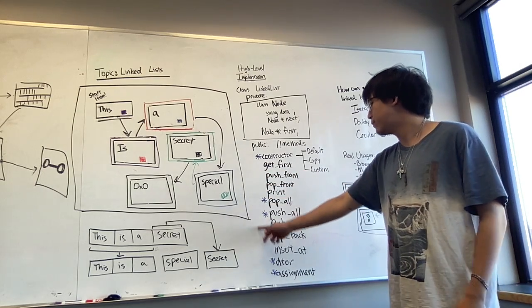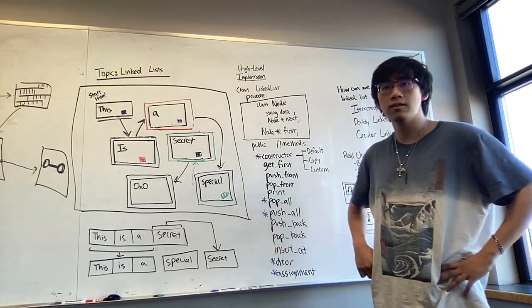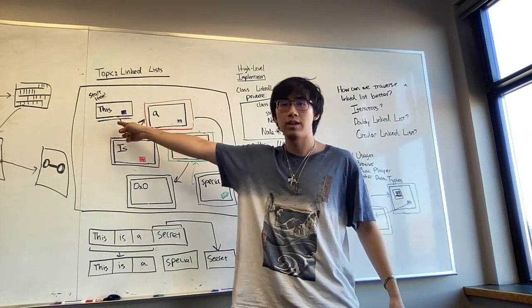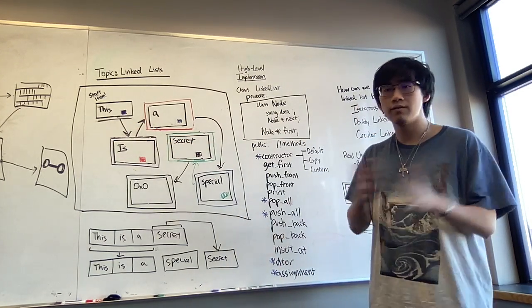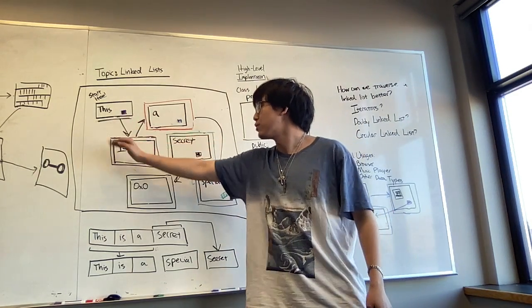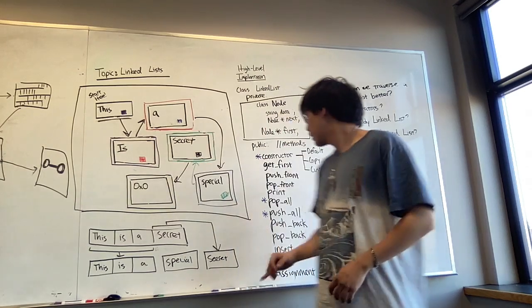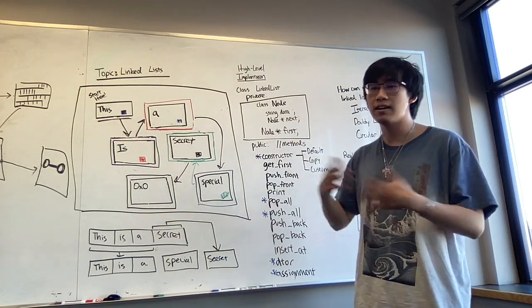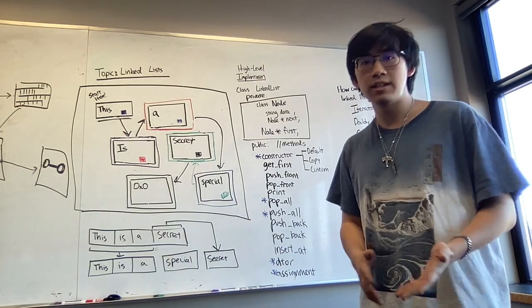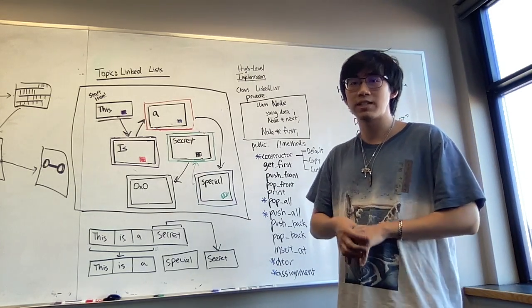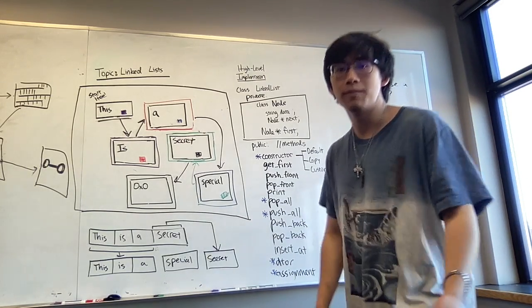And here's a variety of different functions that you may be using, like get first, which gets the first node, like this one right here, where we started at, or pop front, get rid of the first node, so you change the first node to be "is." Push front, adding another node to the front, push back, pop back, etc. The implementation details will be in the specifications for project 4.